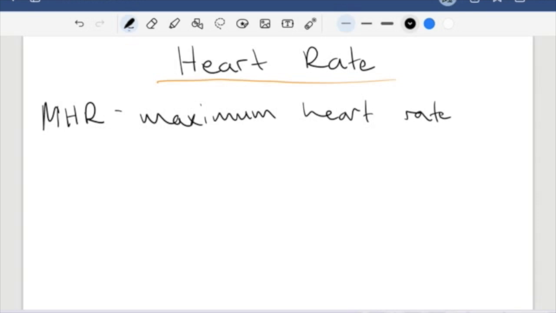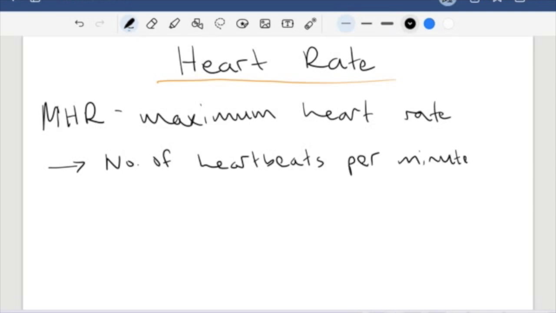Heart rate is measured, because we said that all rates are measured as two quantities, comparing two quantities. Heart rate is measured as number of heartbeats per minute. We also write this as BPM.